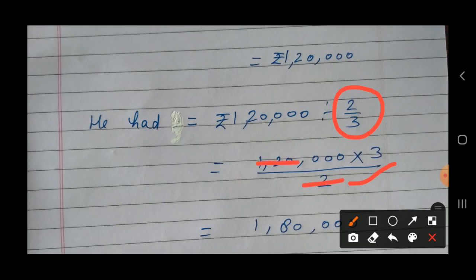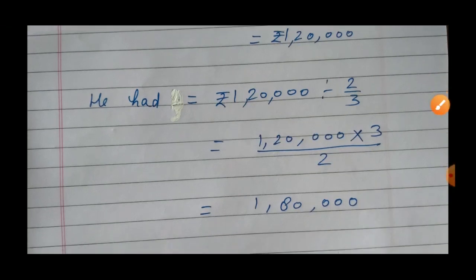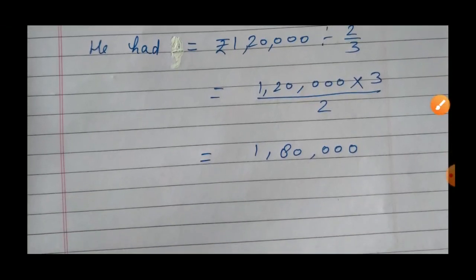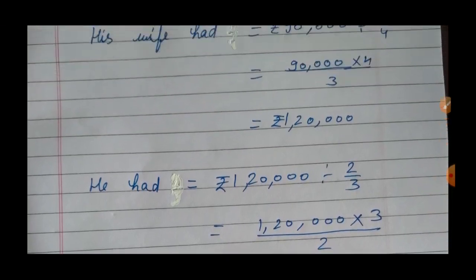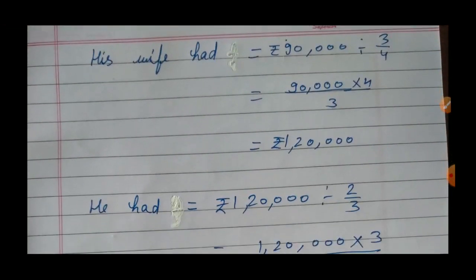This is divisible by 2, it goes 60,000 times. 60,000 multiplied by 3 is 1,80,000. Yes, this is the required money that he had. Students, you have to practice all of these sums before the next video. Thank you.